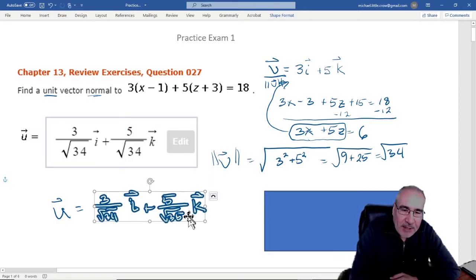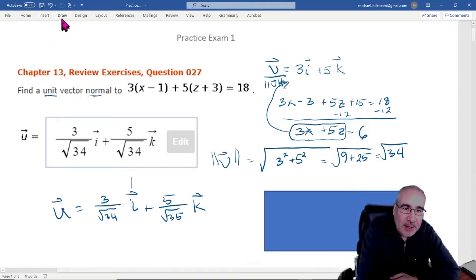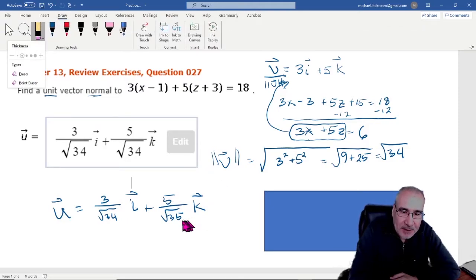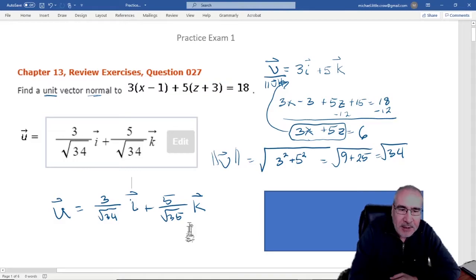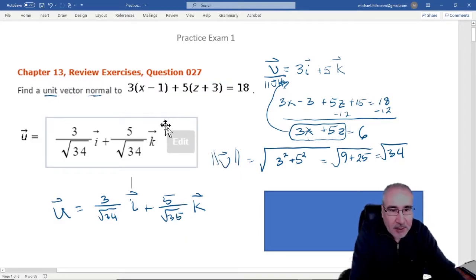I probably would have caught that if I would have had to re-enter that, but let's see if it'll let me. It is going to let me erase. Maybe I'll go with that.